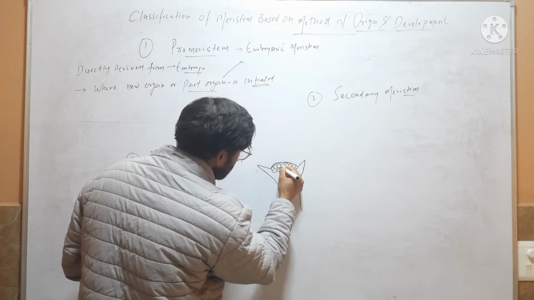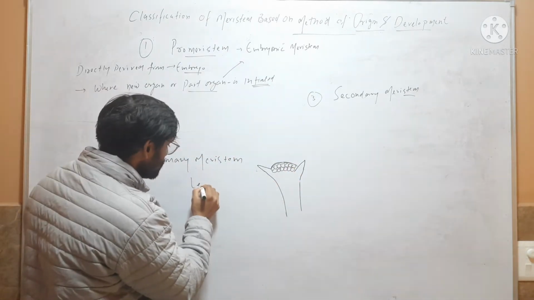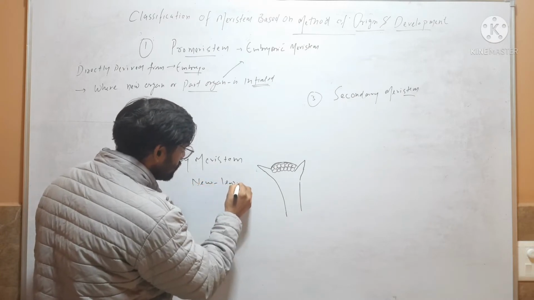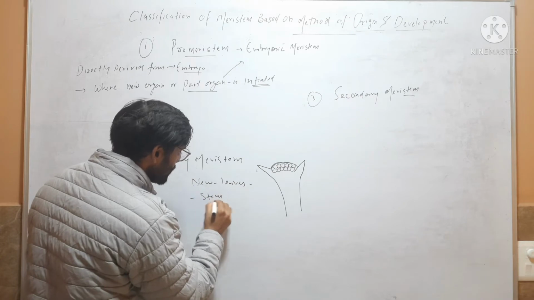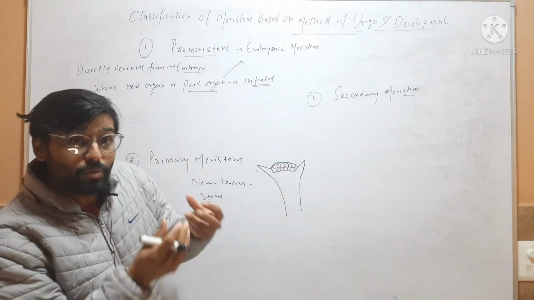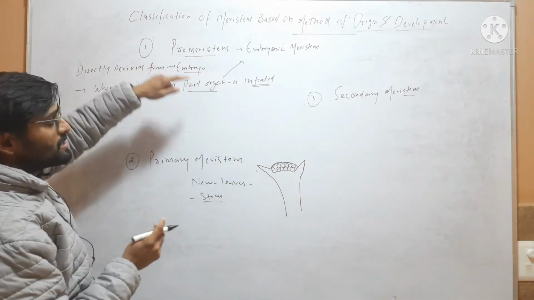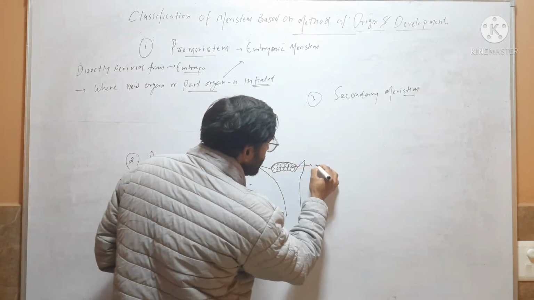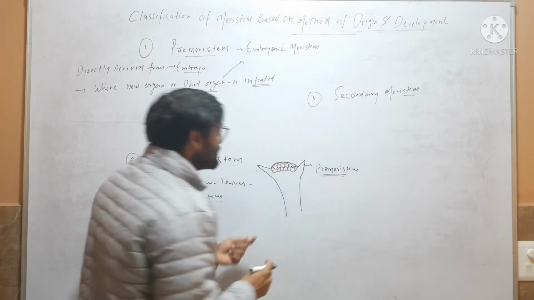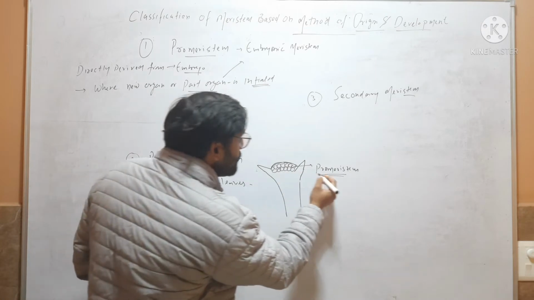These cells by dividing will form new leaves and stem. So the group of cells which are present where new organ or part of organ is formed is called promeristem. They are called promeristem because they are present where new organ is about to form.